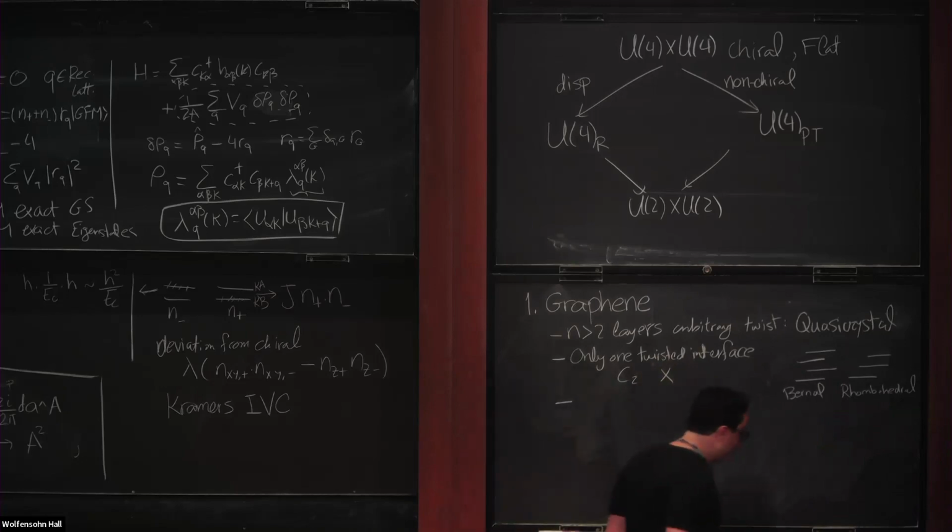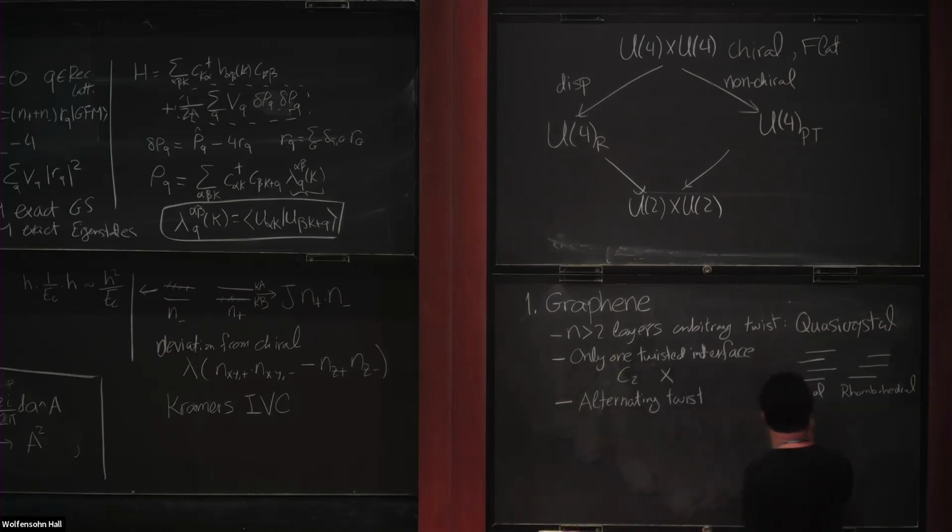But there's actually a less obvious way to get a system that preserves this moire translation symmetry, which is something we proposed theoretically earlier, and then it was realized in experiment, which is to take the twist angle between layers to be the same but alternating in sign.